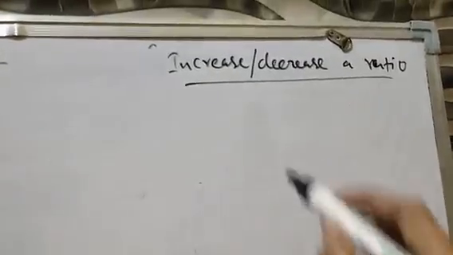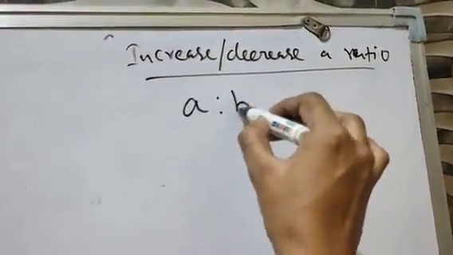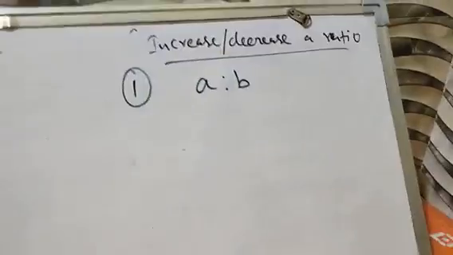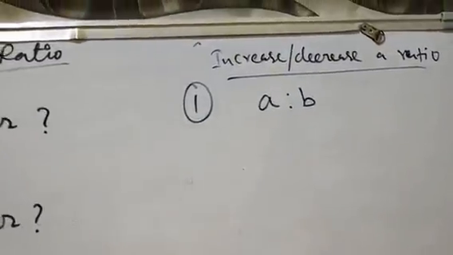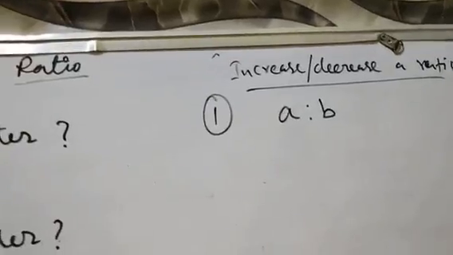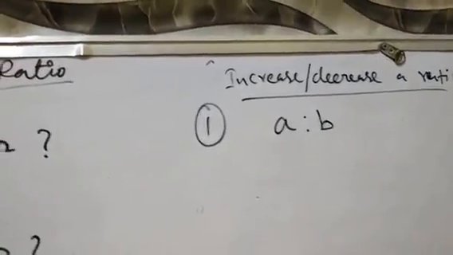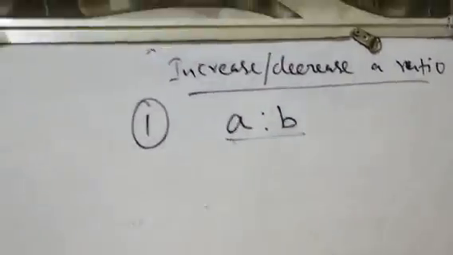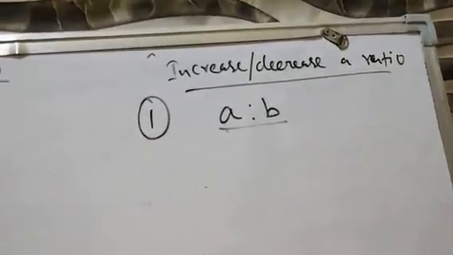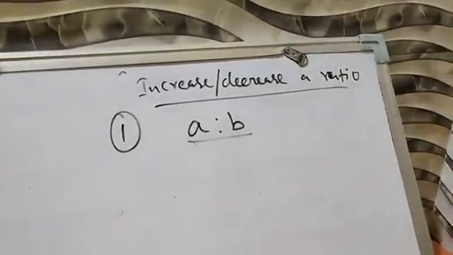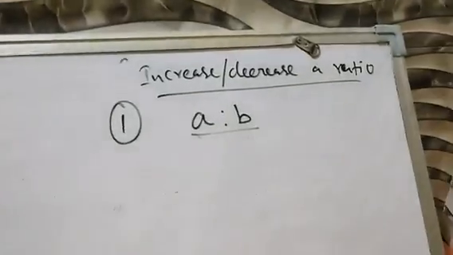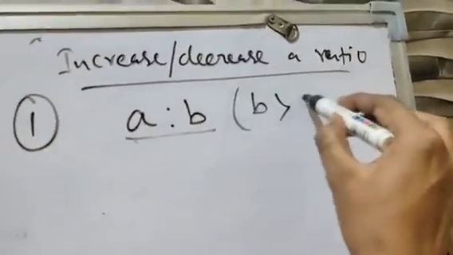Suppose a ratio is given, A is to B. Clear? And you have been given a quantity. Suppose you have to increase the quantity in the ratio A is to B where B is greater than A.